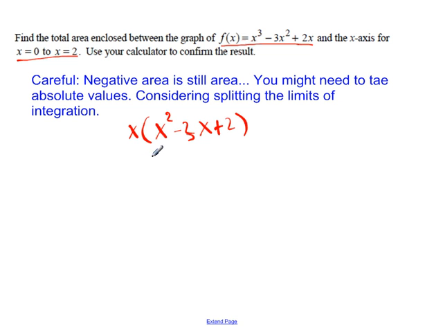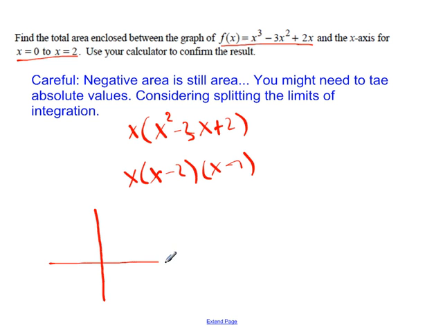And if we factor this, we get x minus 2, x minus 1. So this is a third degree polynomial. It's got zeros at 0, 1, and 2. So we know it's going to look something like this. What we're finding is the area that's enclosed between the graph and the x-axis. So the area that we're finding is this area plus this area.